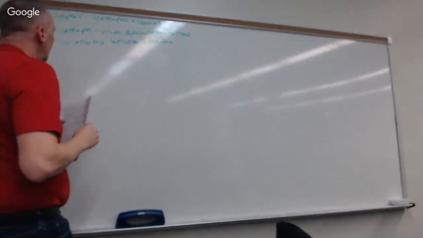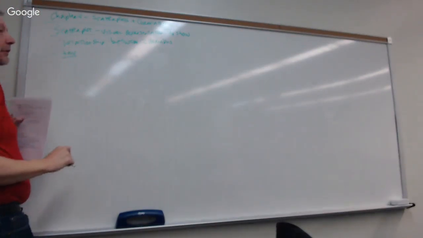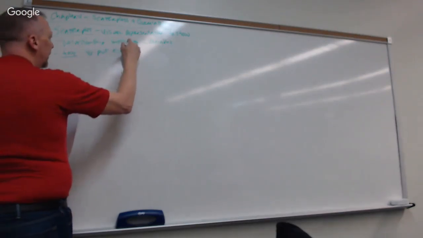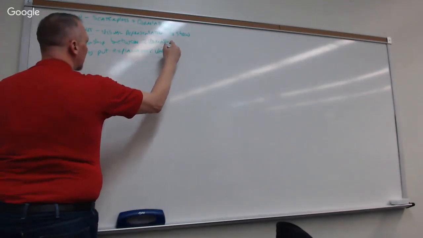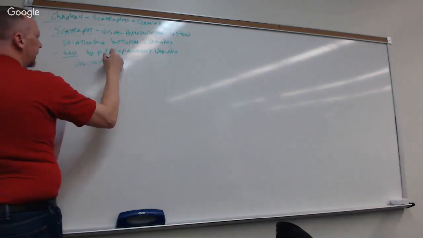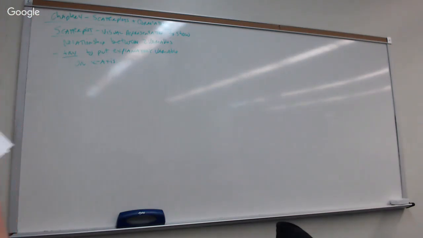Okay? And we try, and I'm going to emphasize the word try, to put the explanatory variable on the x-axis. Sometimes that's a little bit harder to decide which one's the explanatory and which one is the response.